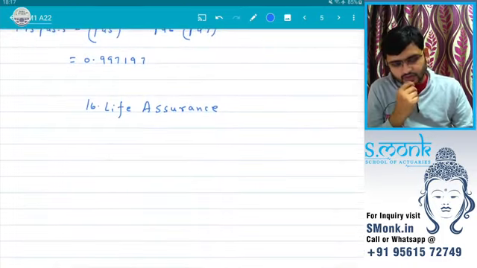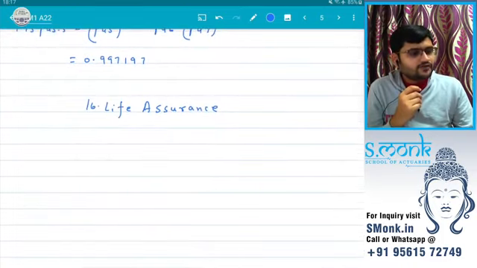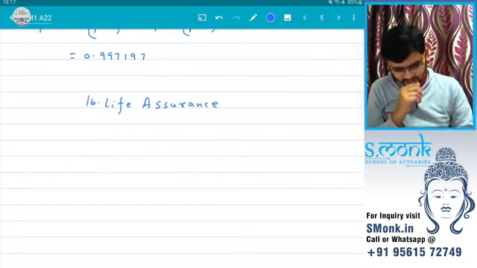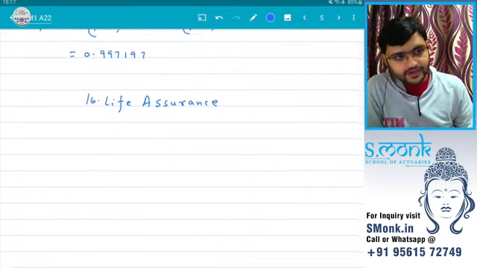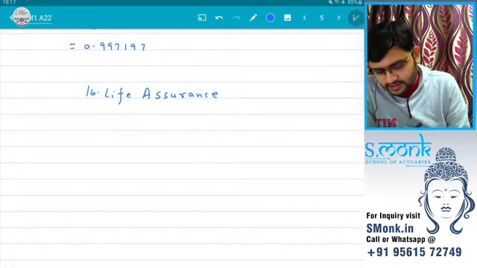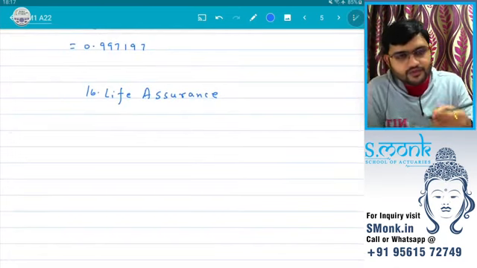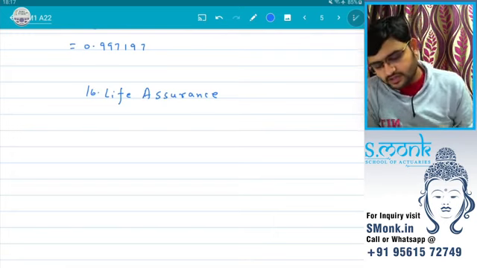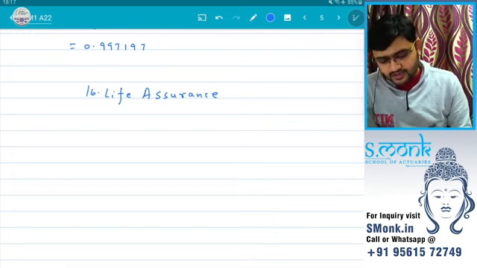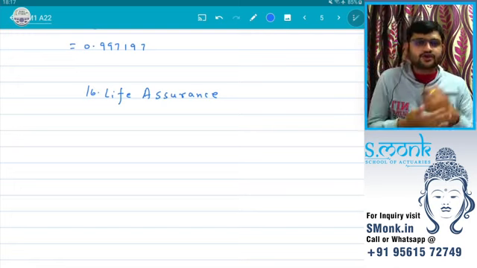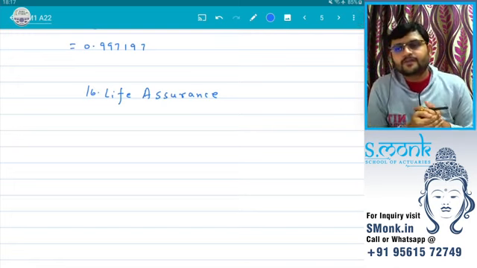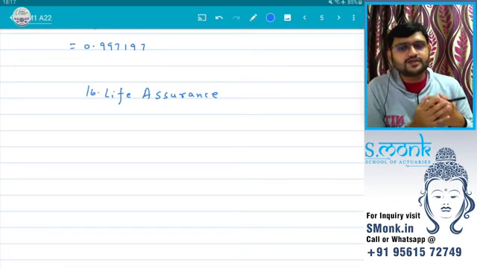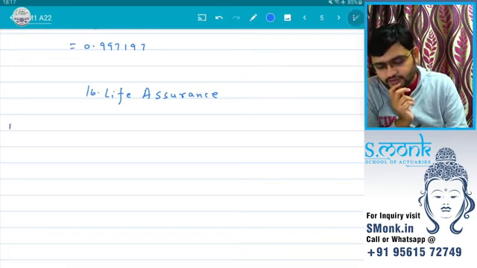Okay. So whenever we are talking about different kinds of assurances, we'll be talking about a few different types of assurances. First, the policies or the type of assurances that we call assurance contracts. We will call them products, because we are looking from the point of view of the company, and for the company these policies are nothing but the products. So what are the different kinds of products the company produces?